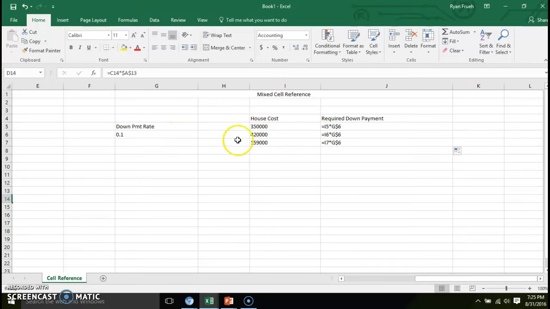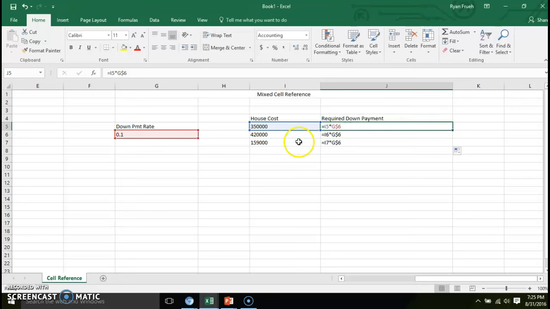However, you'll notice that you can implement a mixed cell reference in this instance by changing the reference of the actual computation field from a $ in front of the G to just the letter G and then a $ in front of that row. So again, in each one of these computations, we're using a cell reference, whether absolute, relative, or mixed, given the requirements for what we need on that particular worksheet or report.